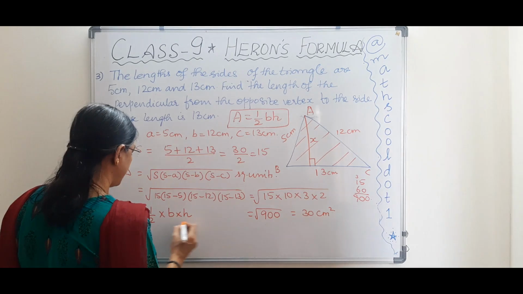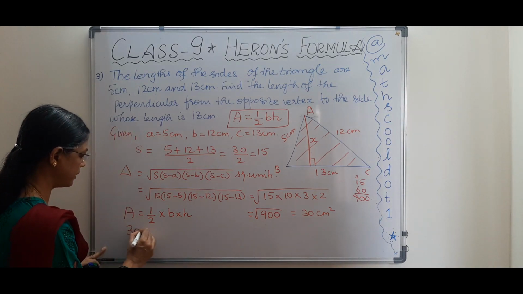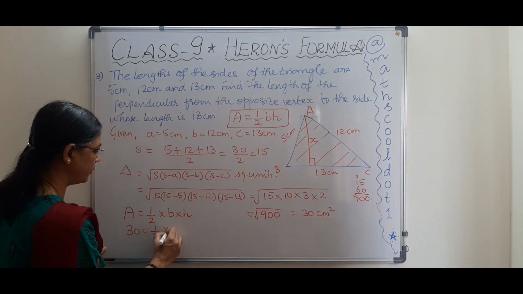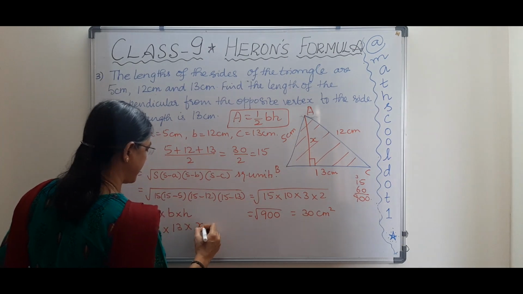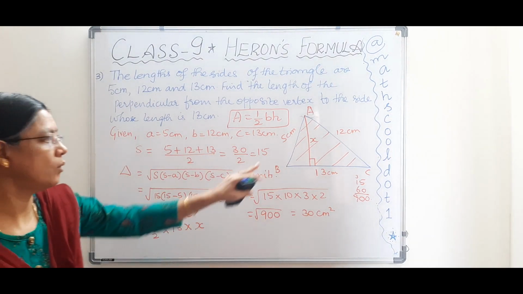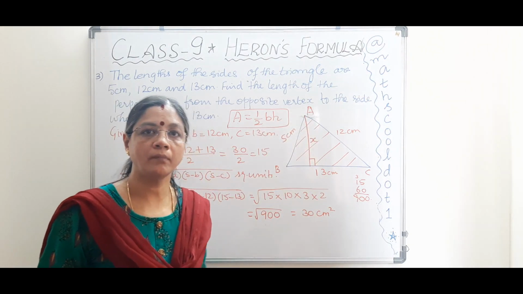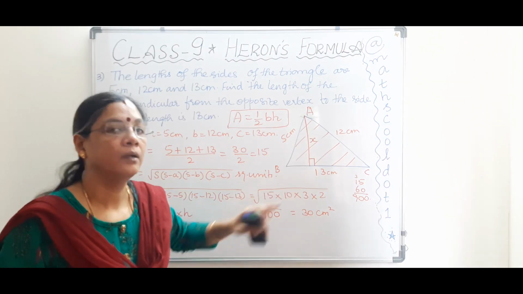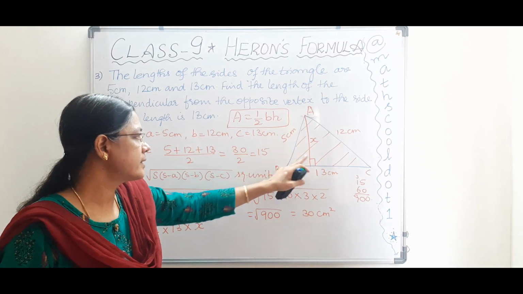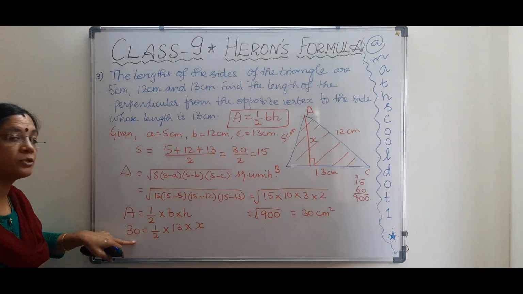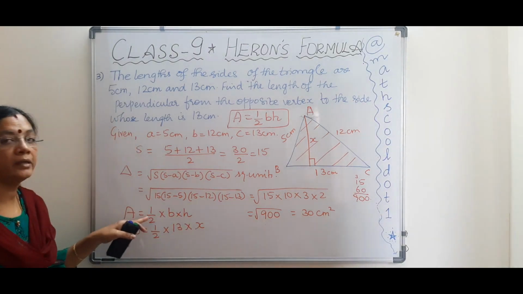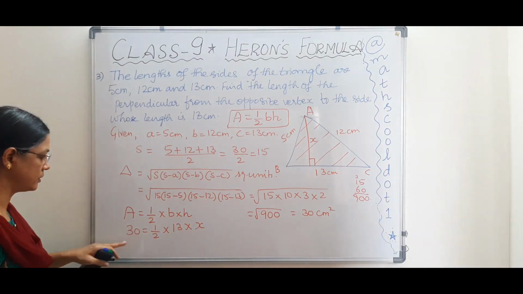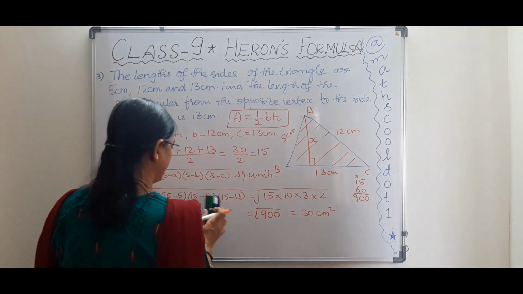We have got area is equal to 30, isn't it? 30 is half into base, 13, into height, which is not known for us, that is x. Okay, so that is how we find the length of the perpendicular to the base. So x can be found by substituting the calculated area in the formula A is equal to half into base into height. Now what we have got?